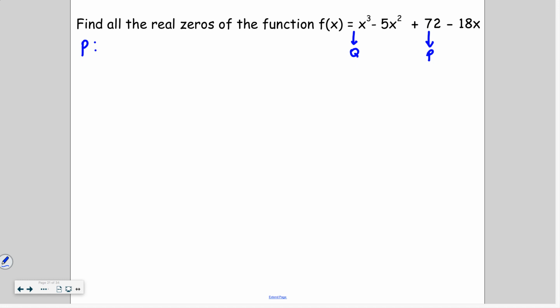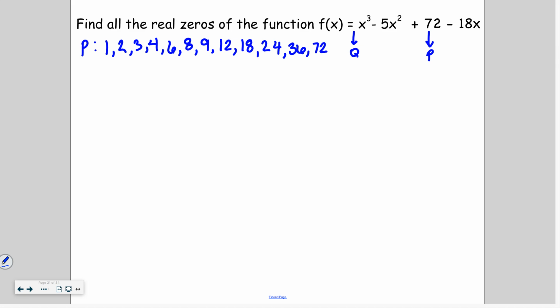All right, so my factors of p, and these are alike because it's 72, are 1, 2, 3, 4, 6, 8, 9, 12, 18, 24, 36, 72.